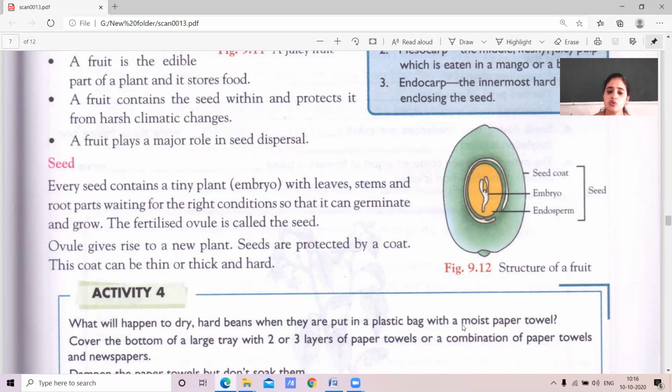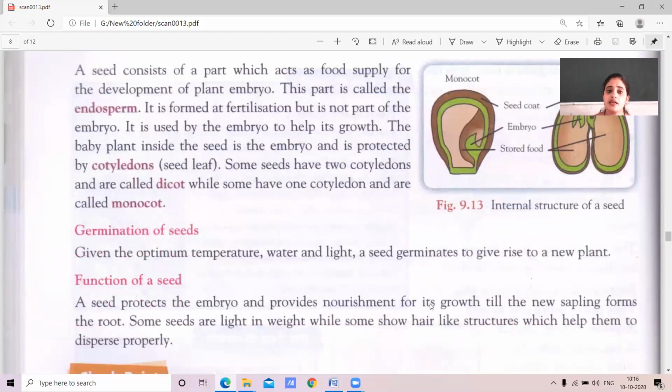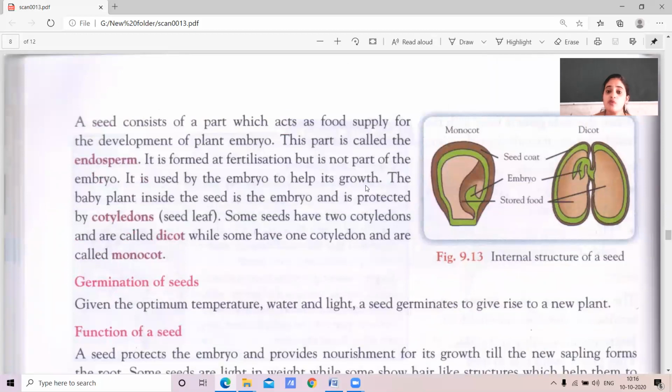Okay. So children, the seed contains a part which will supply or help in the development of the plant embryo. What do we call this part? This part is called endosperm, children.